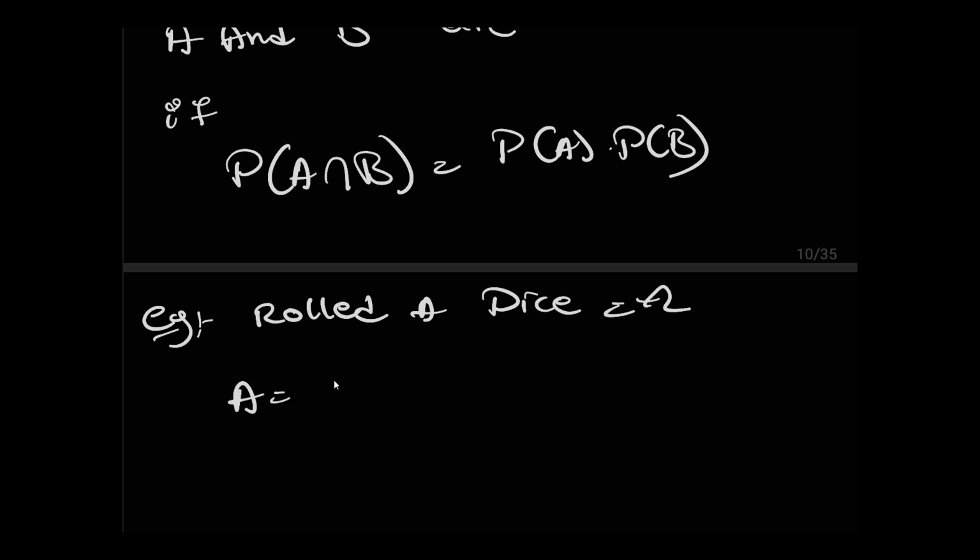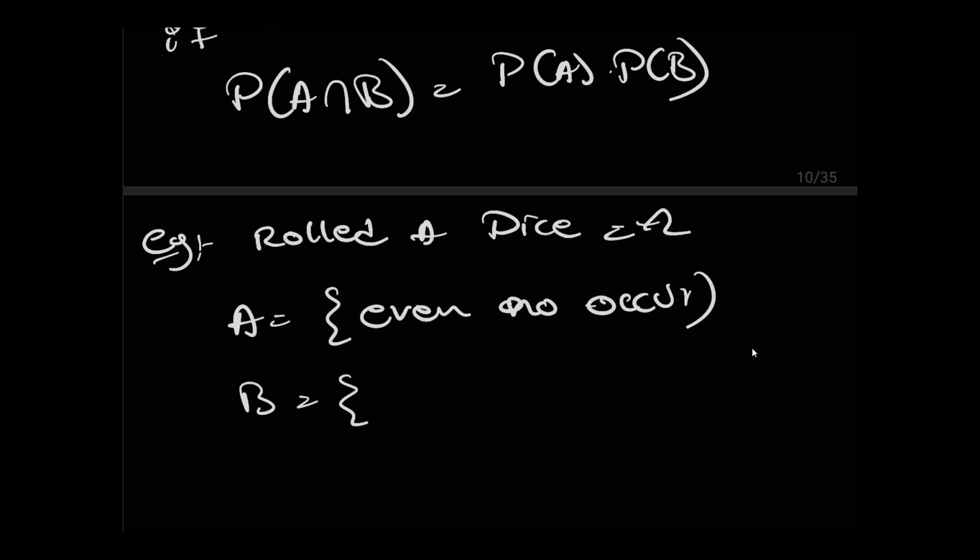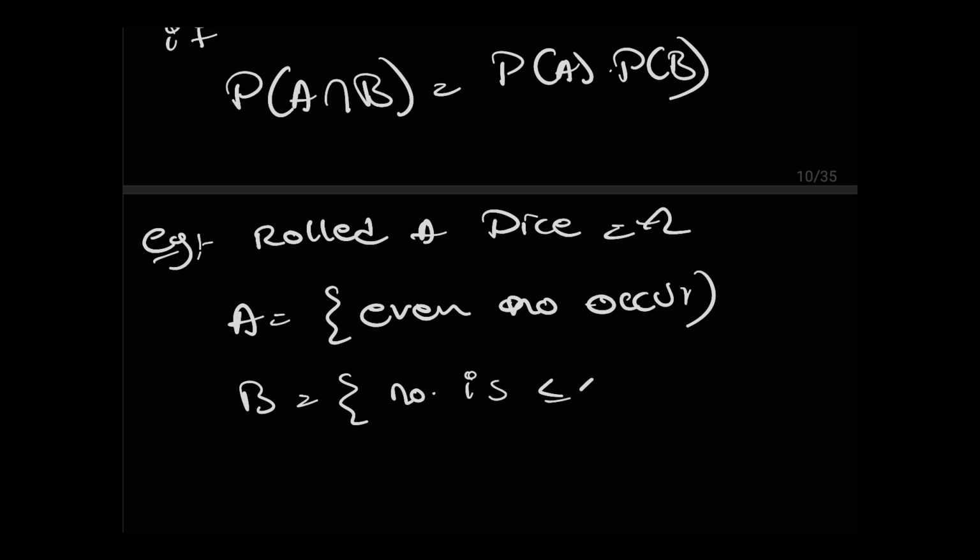Then let event A equal an even number occurs, and event B equal the number is less than or equal to 4.